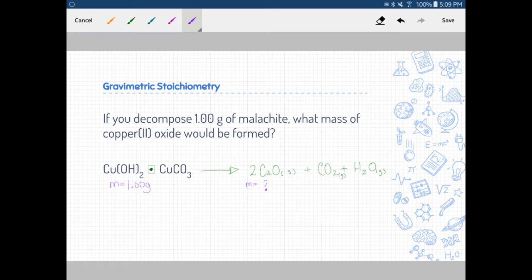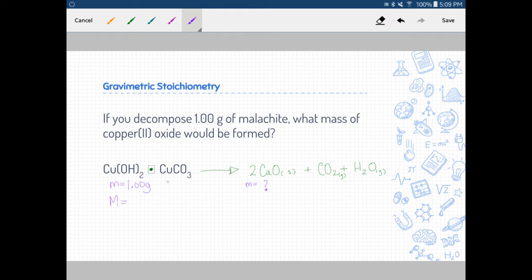Another thing I can put down is my molar mass of malachite. Again, this is something I'm going to need to calculate. It's copper plus 2 oxygens, 2 hydrogens, plus another copper, plus a carbon, plus 3 more oxygens. Because I'm trying to save a little bit of time, I'm going to provide you the molar mass of malachite.